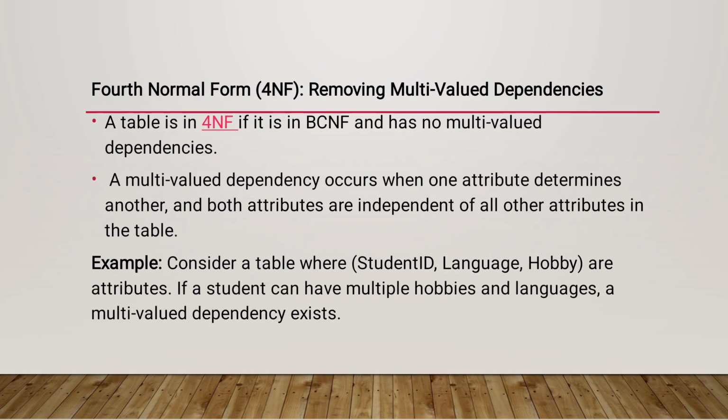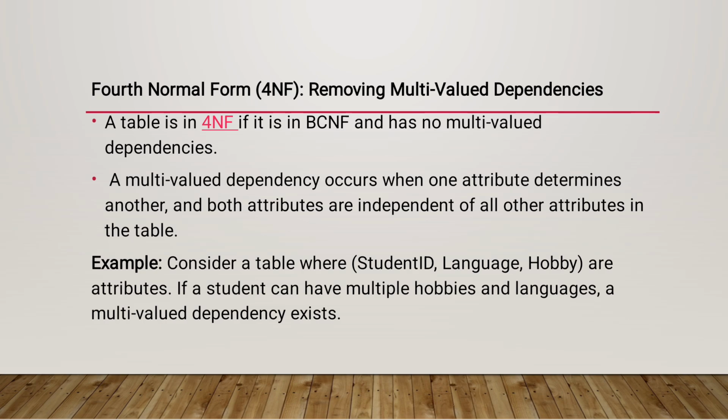Next, fourth normal form. Fourth normal form will remove the multi-value dependency. That is, it satisfies the Boyce-Codd normal form and has no multi-value dependency. One attribute's value determines another, and both attributes are independent of other attributes in the table.